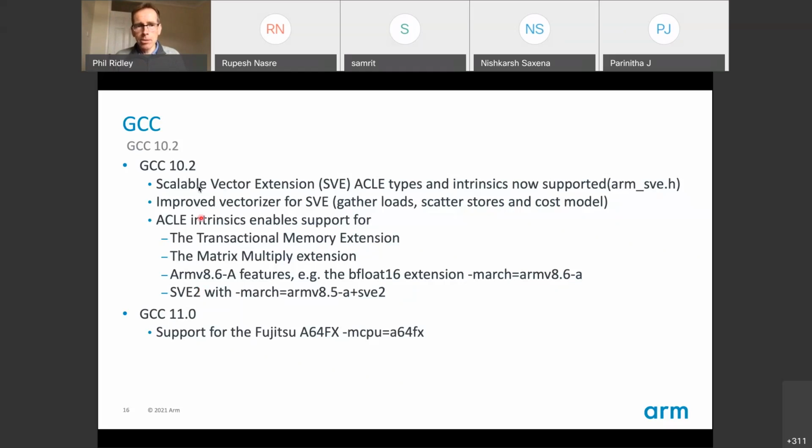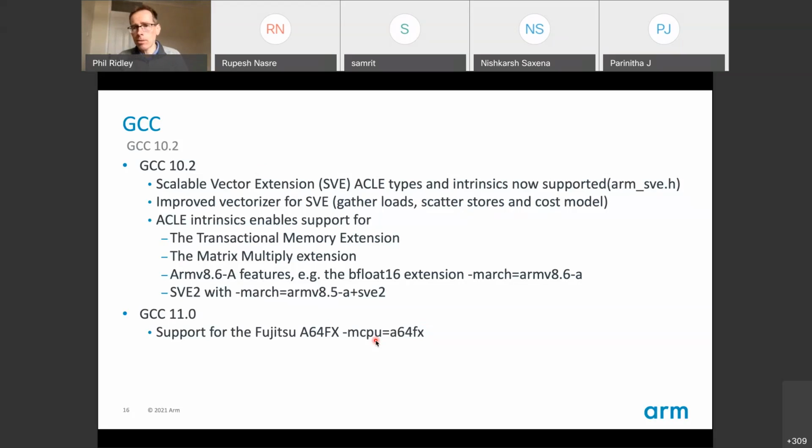But yes, there is a lot of support in GCC 10.2 for ARM-based architectures, and even more coming in GCC 11. The actual CPU of the A64FX is supported in GCC 11. So certainly a compiler to consider when using ARM-based HPC architecture.